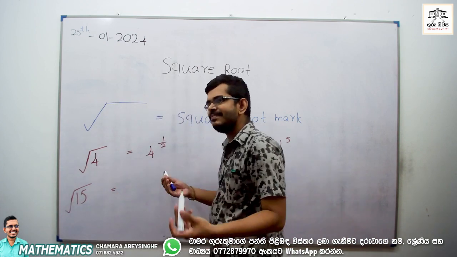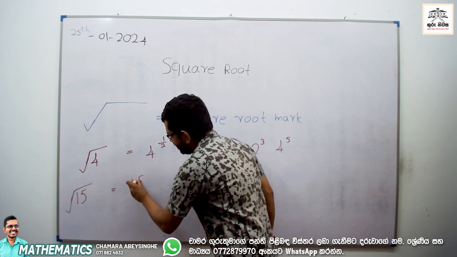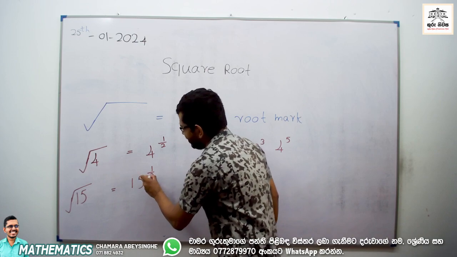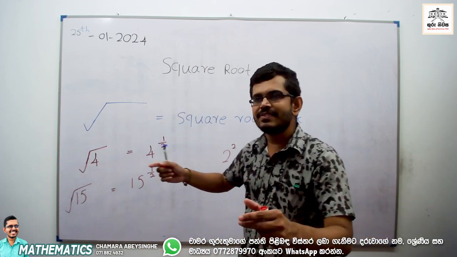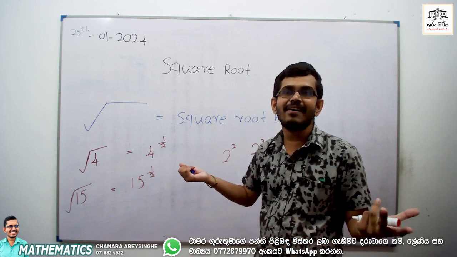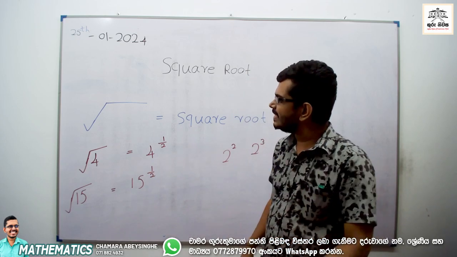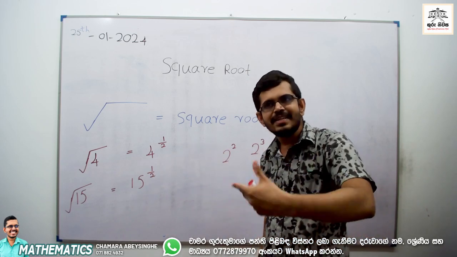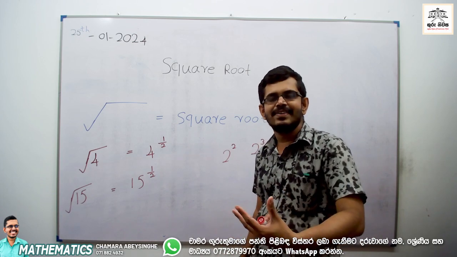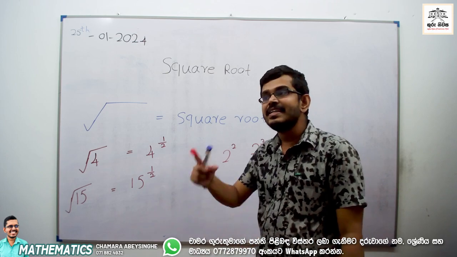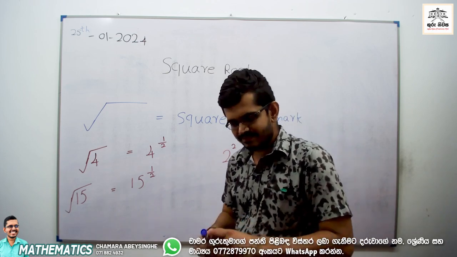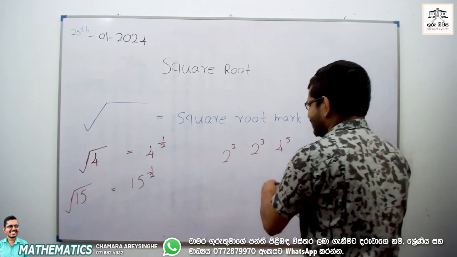Square root 15 means 15 to the power half. This square root mark represents the index half. That is the meaning. Every number we put under the square root mark, that represents index is half. Very important.